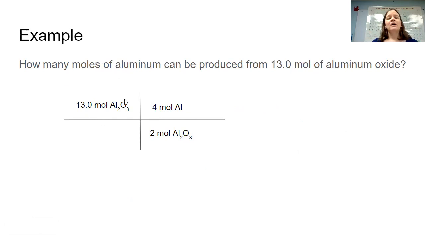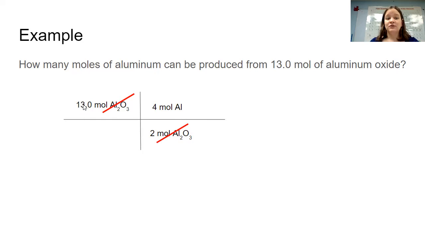So I start with my moles of aluminum oxide, and then I put my correct conversion factor in, my mole ratio. So I have 4 moles of aluminum from that balanced equation to every 2 moles of aluminum oxide. When I set it up this way, my moles of aluminum oxide cancel out. So when I get to my answer, I'm left with moles of aluminum, which is what it asked me for.